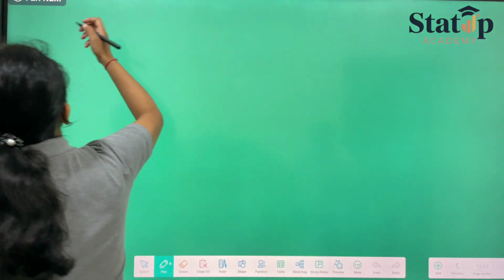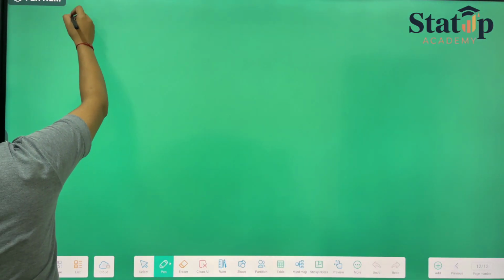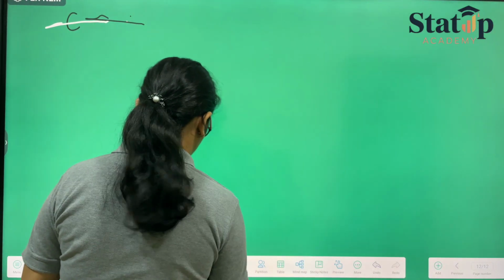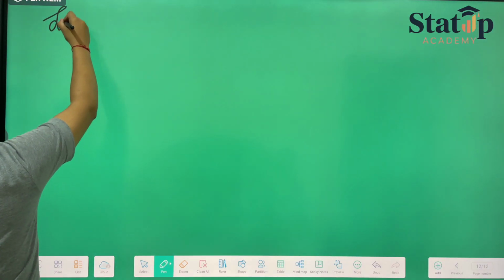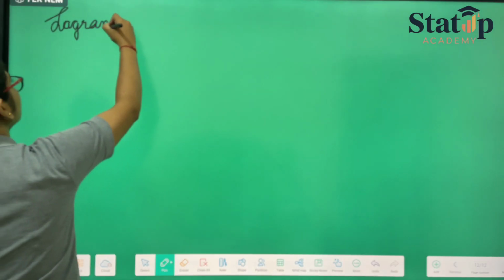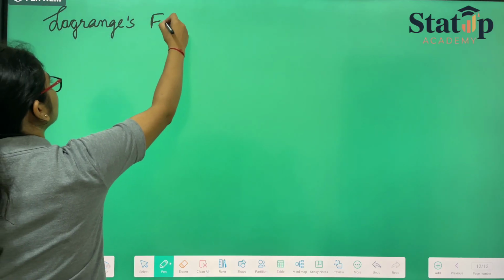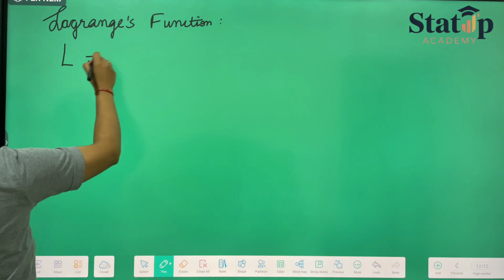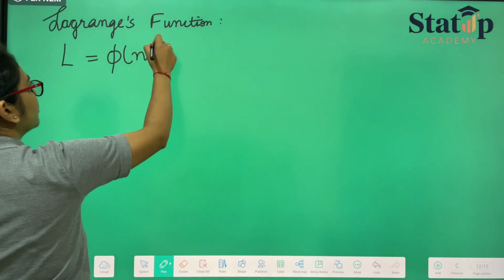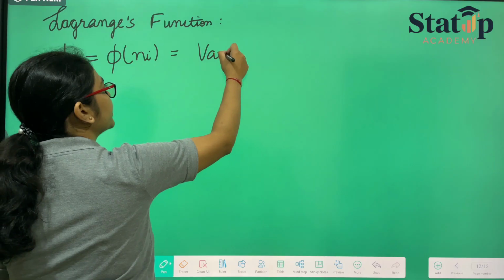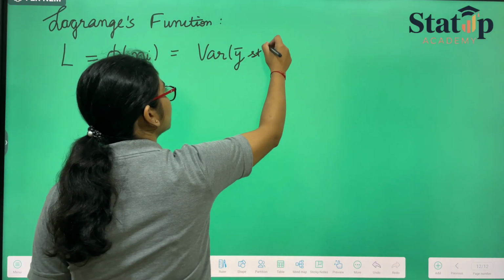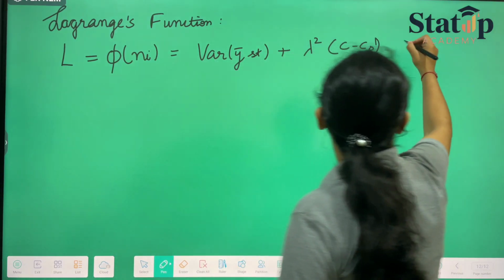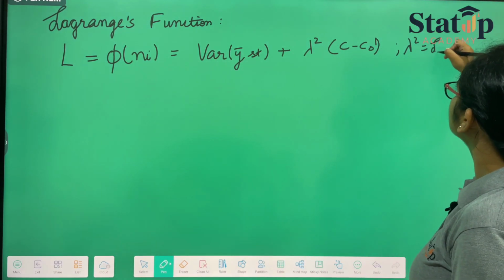So let us take the Lagrange's function L, or phi, anything you can take or denote it as variance of y bar st plus lambda square into C minus C naught, where lambda square is nothing but Lagrange's multiplier.